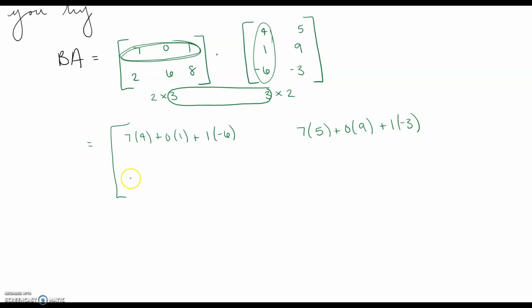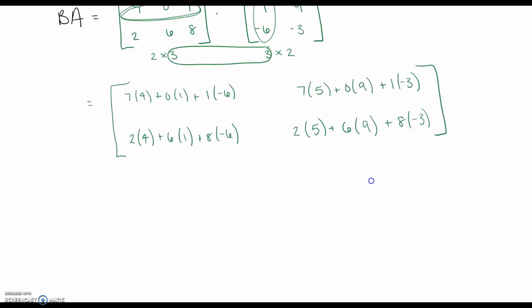For the second row, it's going to be 2 times 4 plus 6 times 1 plus 8 times negative 6. And then 2 times 5 plus 6 times 9 plus 8 times negative 3.